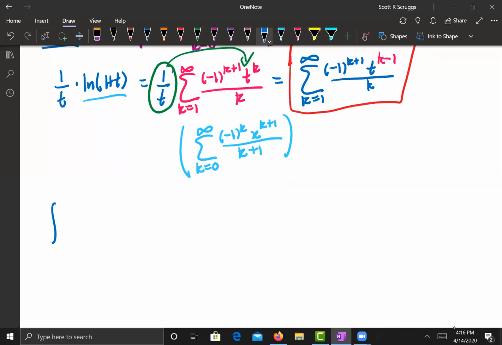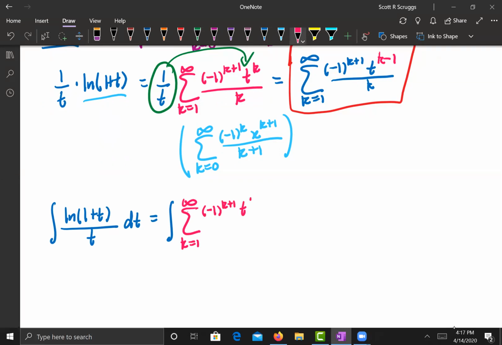So with that, now we can go ahead and integrate the natural log of 1 plus t divided by t, dt. And that equals the integral of this brand new series that we have boxed in, the sum starting at 1, ending at infinity, -1 to the k plus 1, t to the k minus 1 power divided by k, and then we have dt.